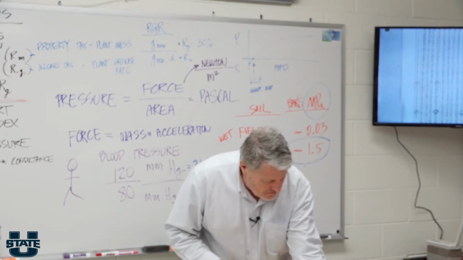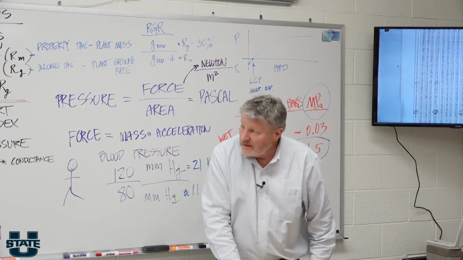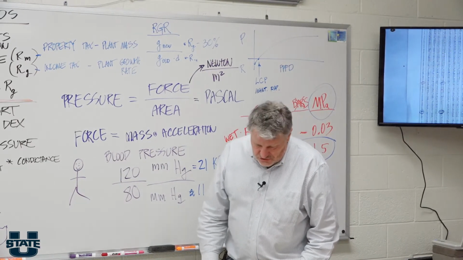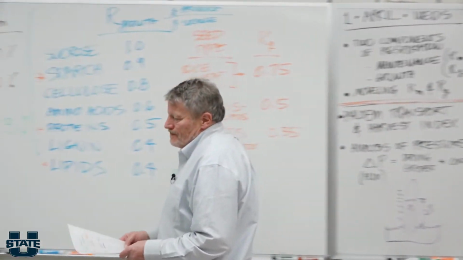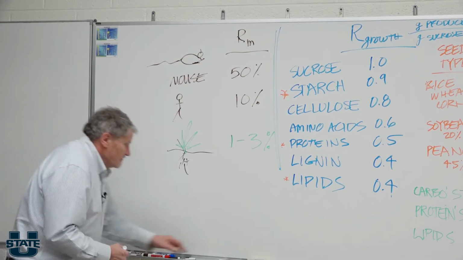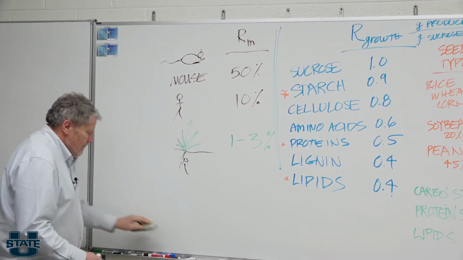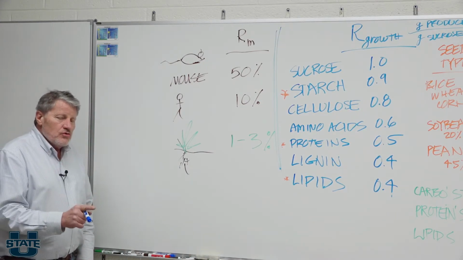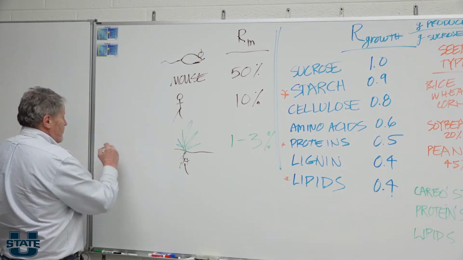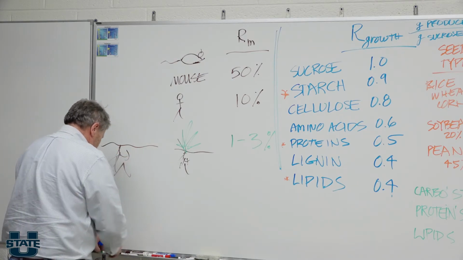I've got another few minutes here. Let's go way over here, because I've got clean space. We'll keep this up. When you calculated, here's our plant. Another plant right here. Roots, leaves.